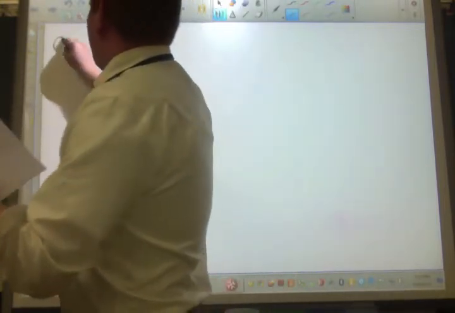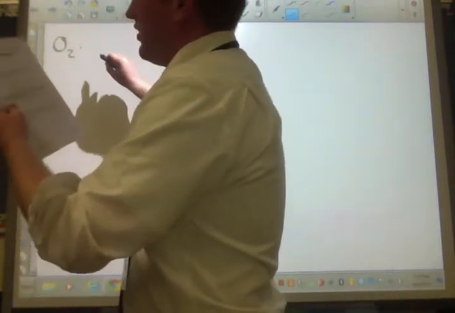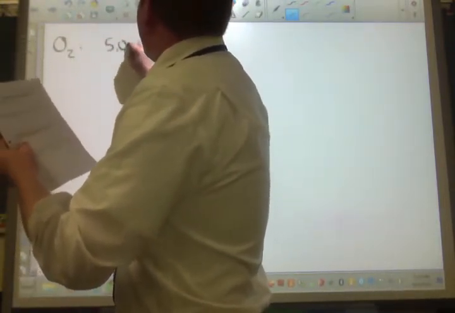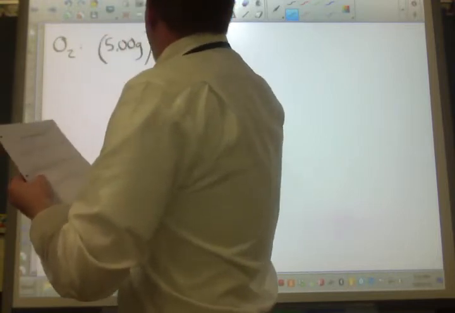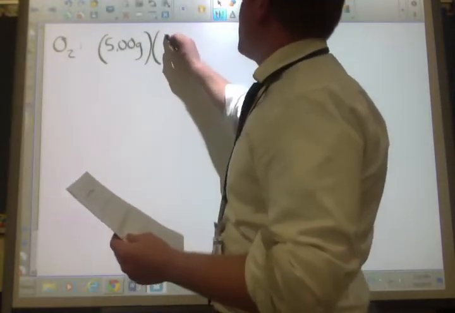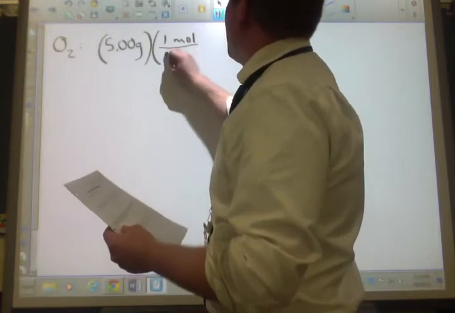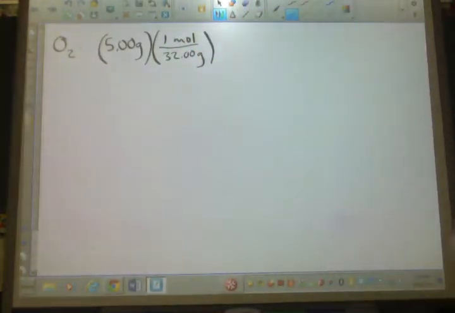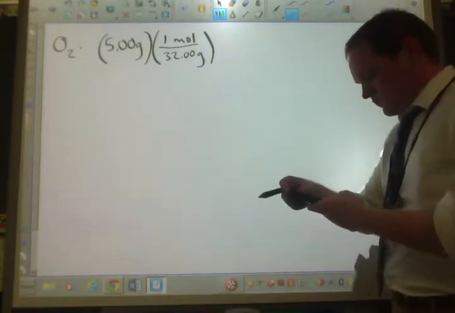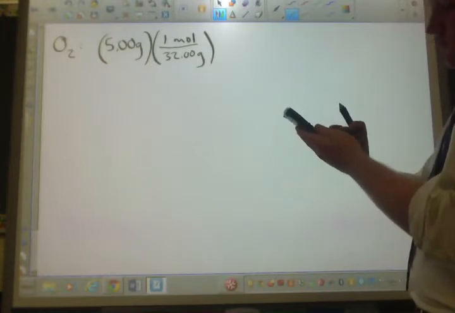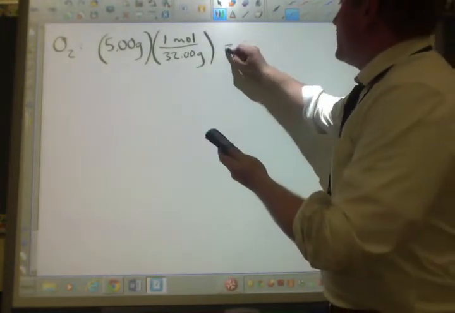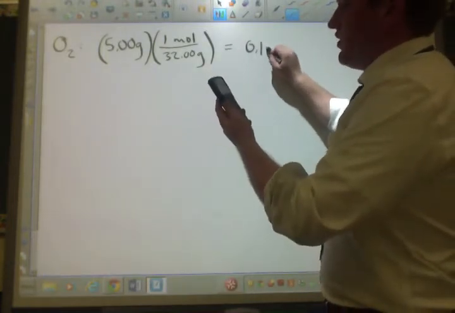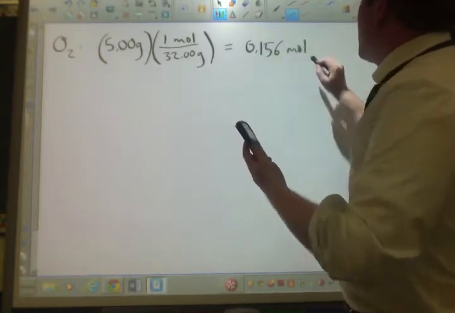So for oxygen, we have 5.00 grams times molar mass of O2, which is 1 mole over 32.00 grams. Five over 32 equals 0.156 moles.